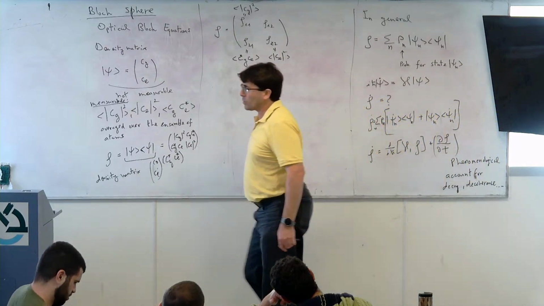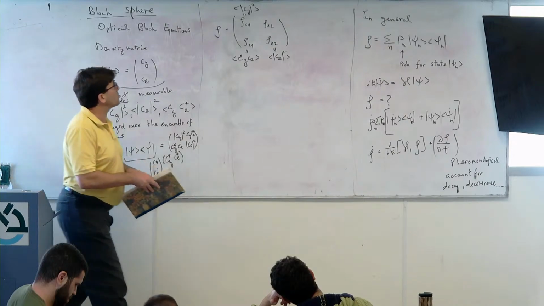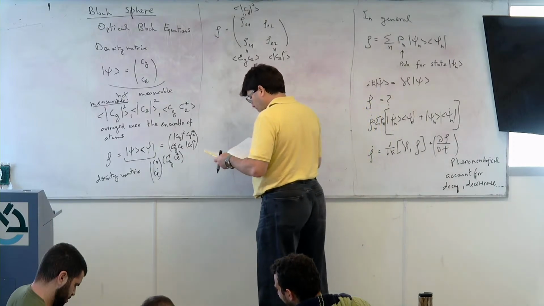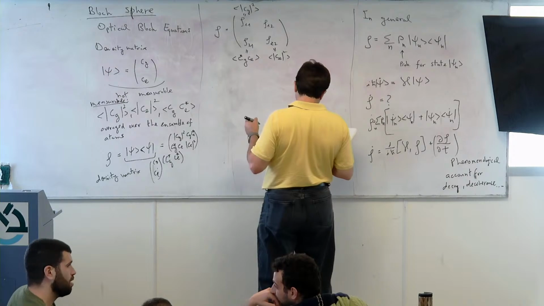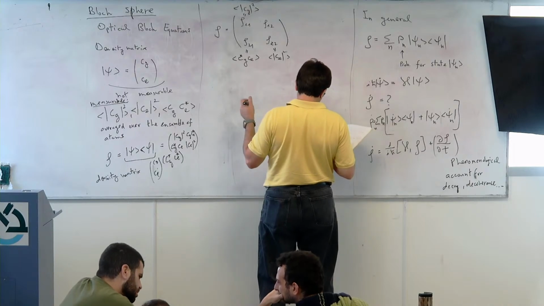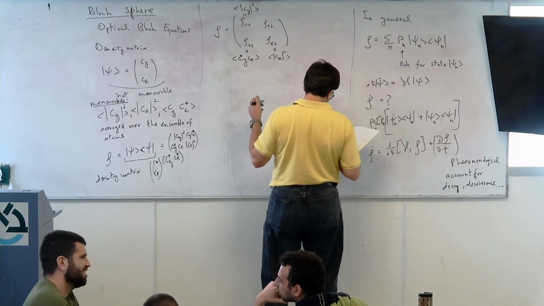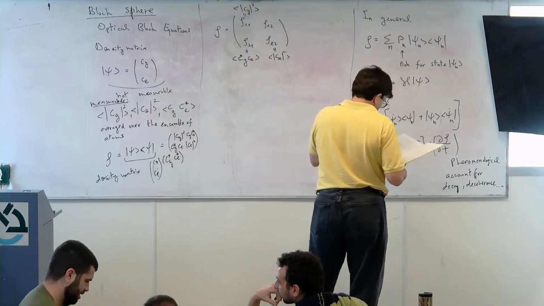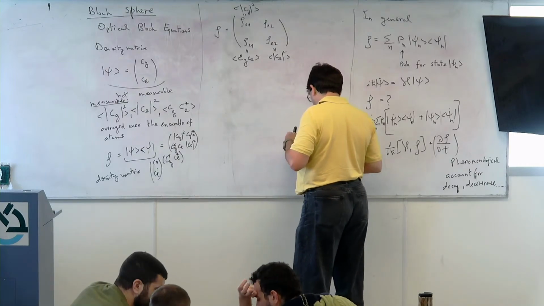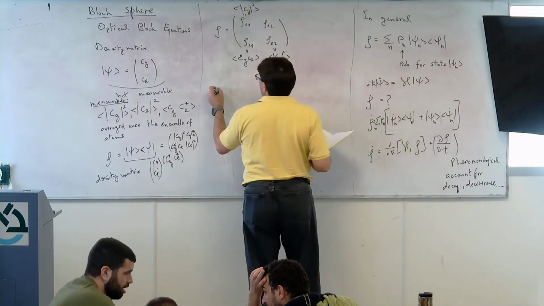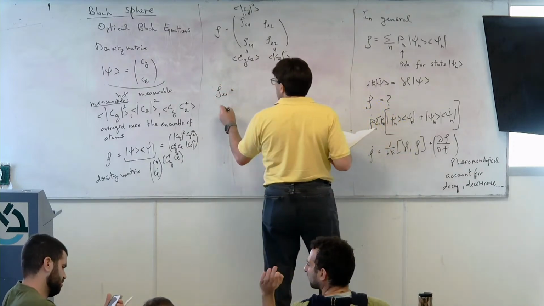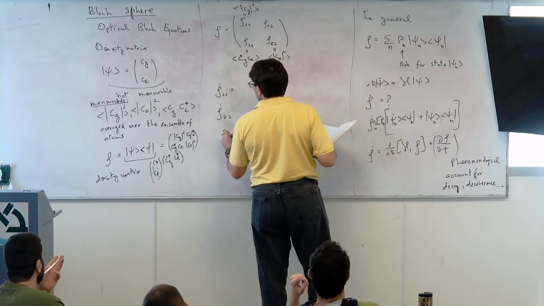Now, so I can write the equations for rho 1 1 dot and rho 2 2 dot and rho 1 2 dot.